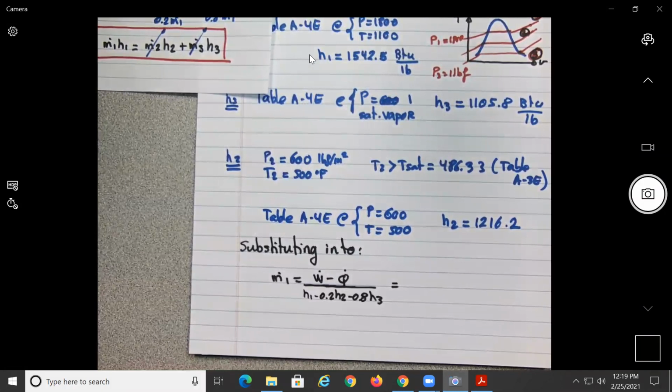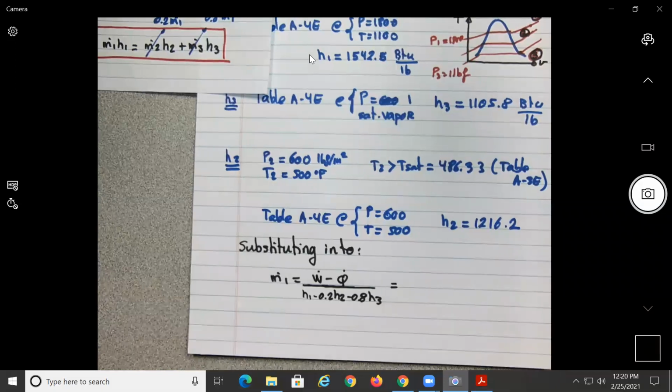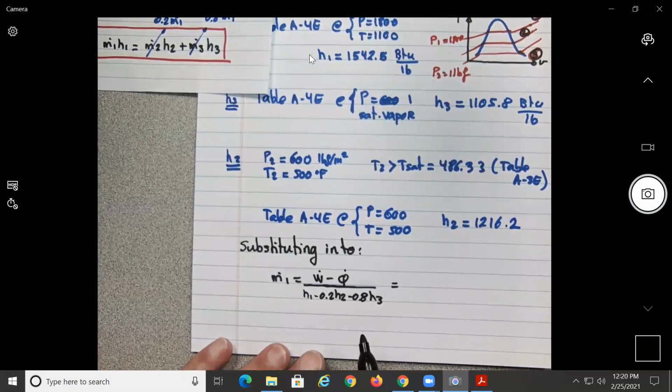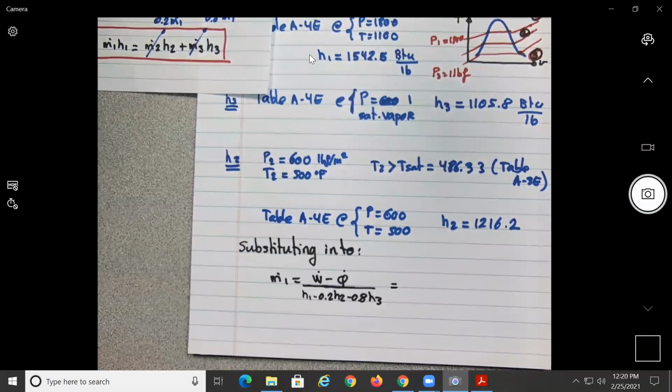I don't like the notation of the book because now I'm going to have to put positive or negative. Hold on one second.